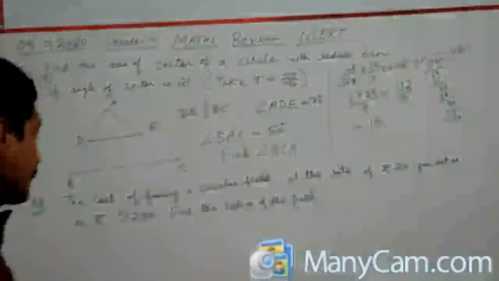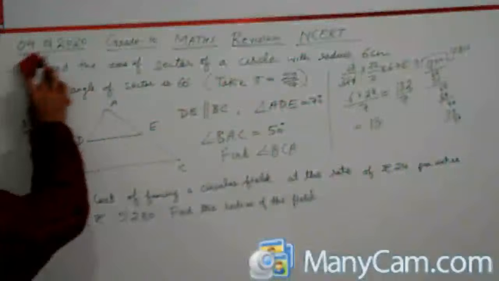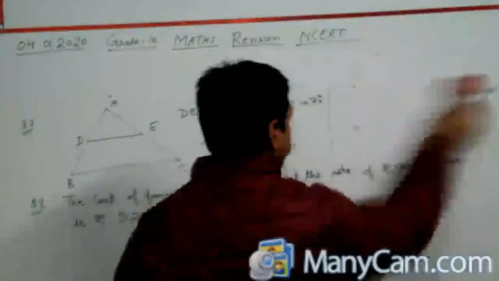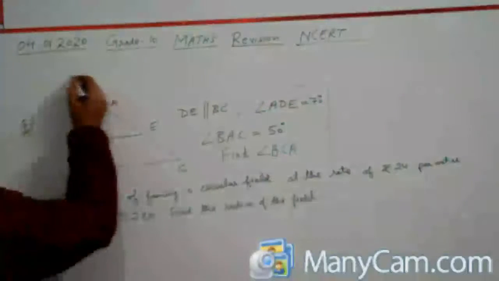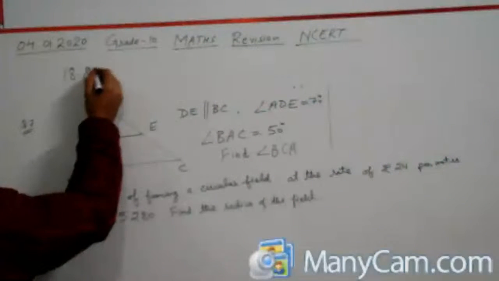We will write the answer here. So for the sixth question, our answer is 18.857.